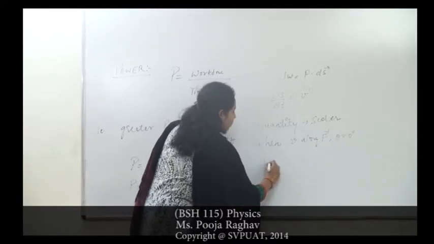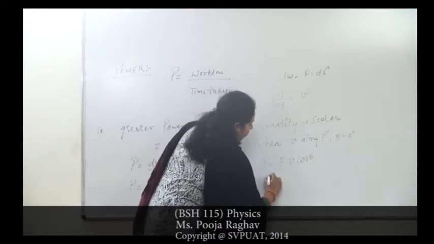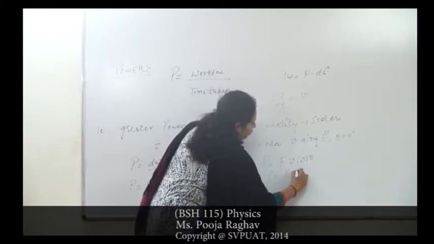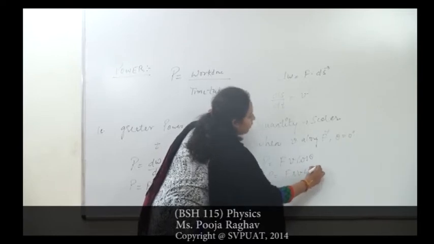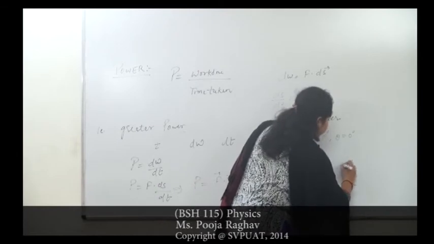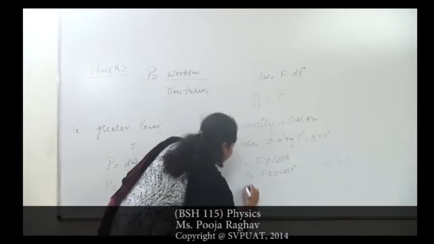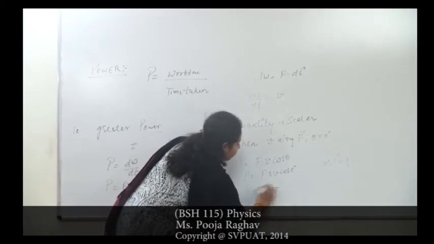Then the power equals Fv cos theta, F into V cos 0 degree. We know that cos 0 degree equals 1. Then power is equal to Fv.